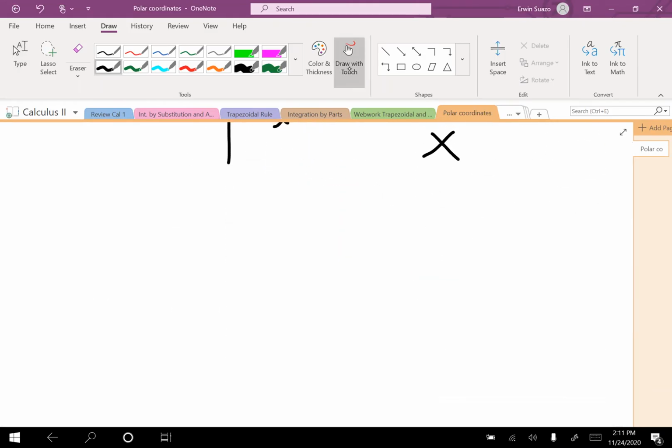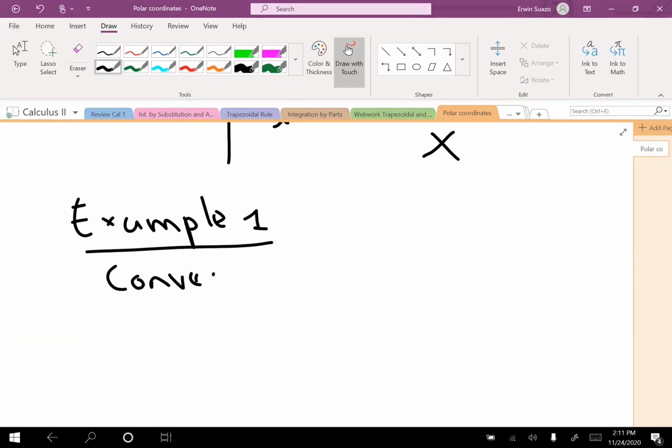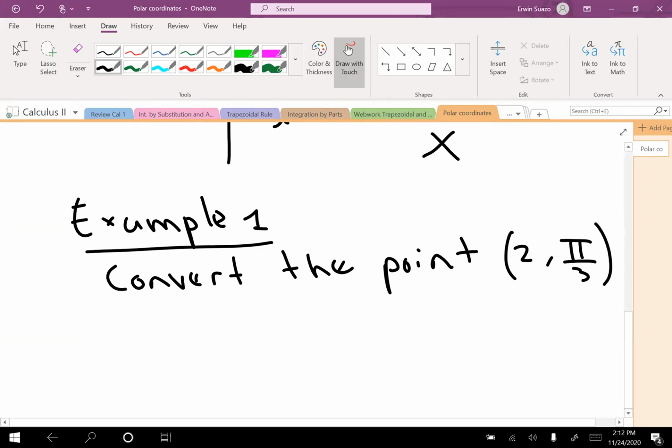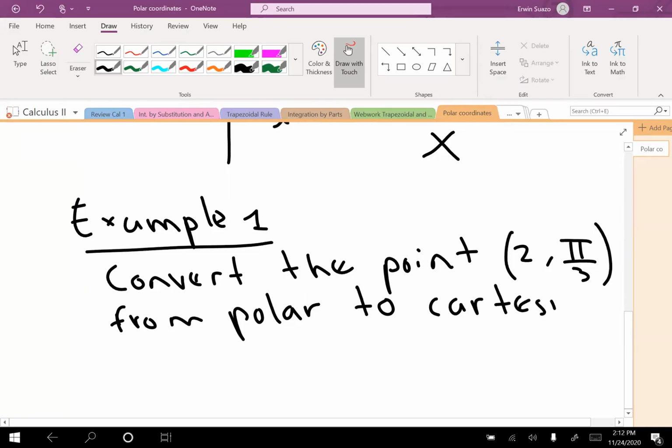So for example, convert the point (2, 2 pi thirds) from polar to Cartesian coordinates.